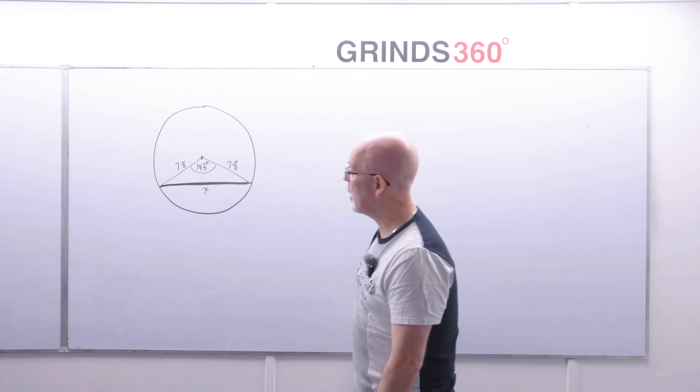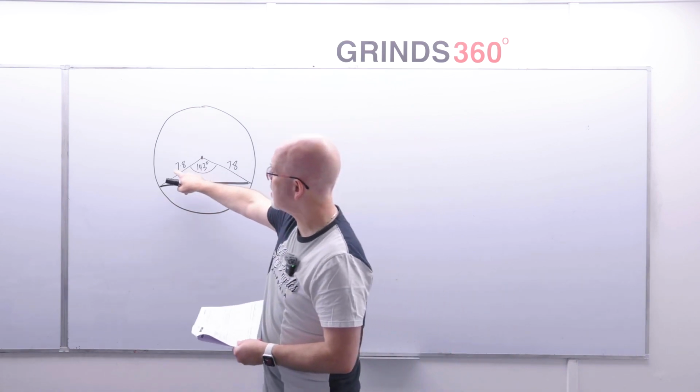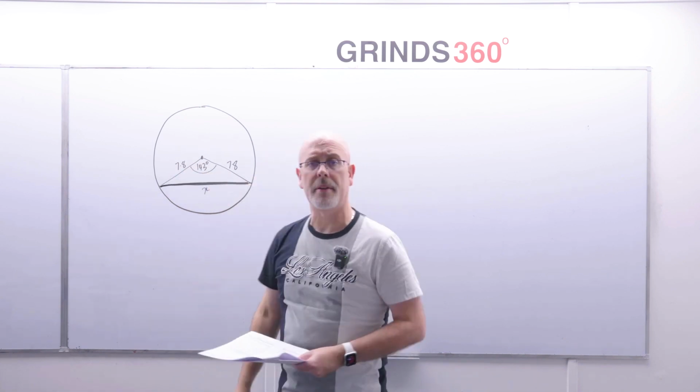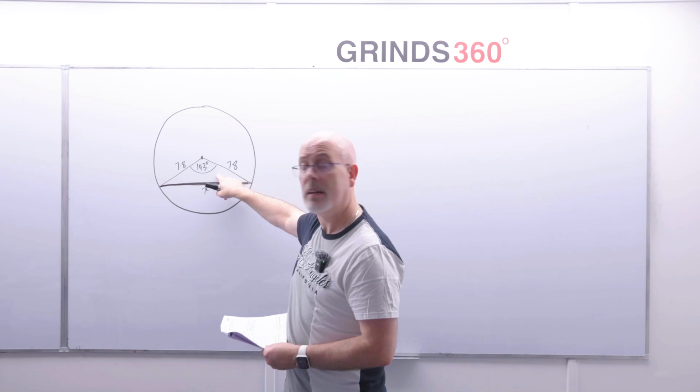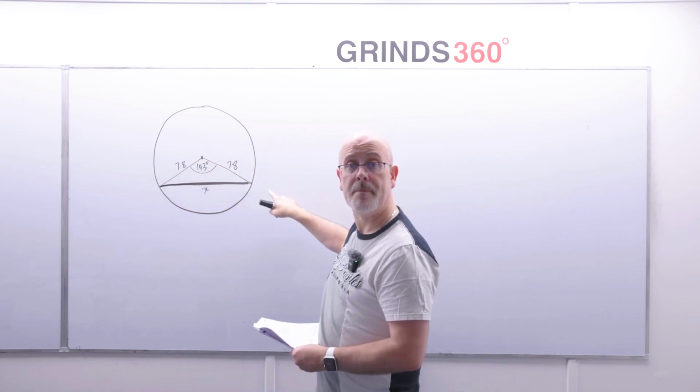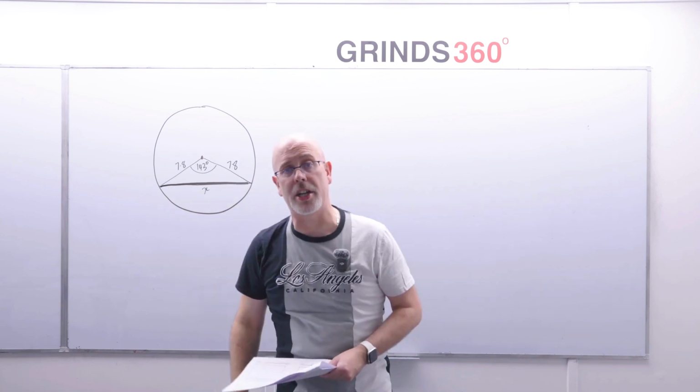At first glance, you're saying, well, that looks like a cosine rule. But what you might notice is that because that's 7.8 and so is that, this triangle here is isosceles. These two sides are the same length, which means these two base angles match as well.